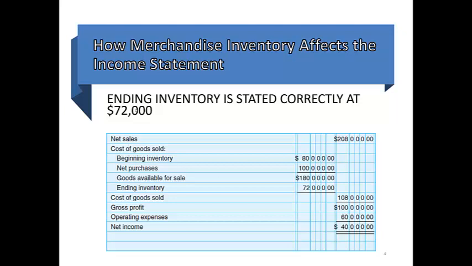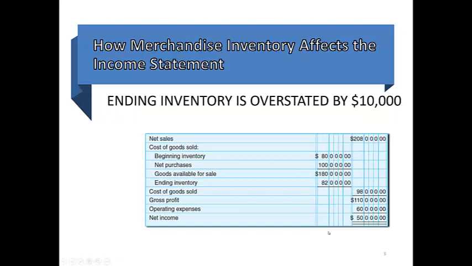It says here that ending inventory is stated correctly at $72,000. So here we have ending inventory at $72,000 resulting in net income of $40,000. So suppose that we overstated our ending inventory by $10,000.